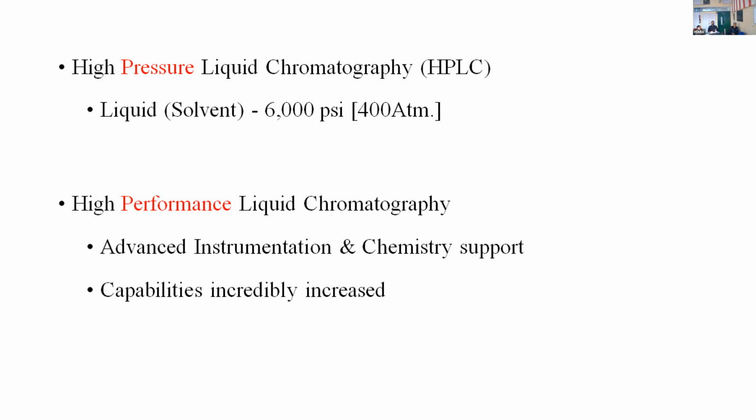So initially people started naming it high pressure liquid chromatography, because high pressure creates faster and more efficient separation of molecules in the column. But in due course of time, the advancement in instruments and the special advancement in the chemistry of the column increased its capacity, so people started calling it high performance liquid chromatography.